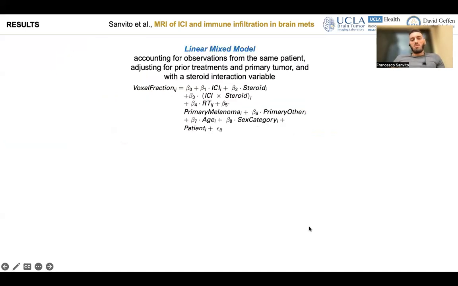A more rigorous way statistically to test this is to build a linear mixed model that accounts for observations from the same patient and adjusts for prior treatments and primary tumor, so other covariates, while also looking into the interplay of corticosteroids.